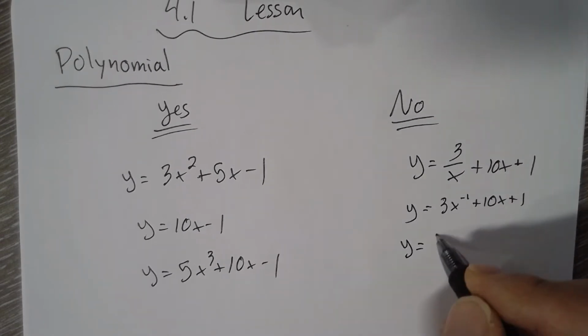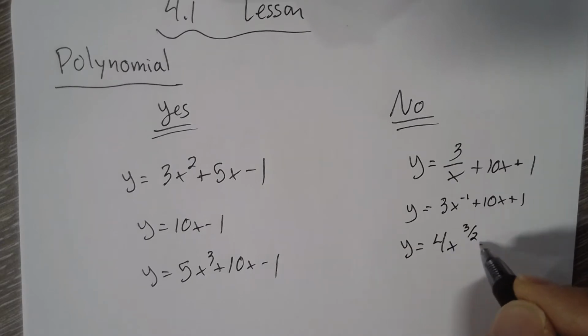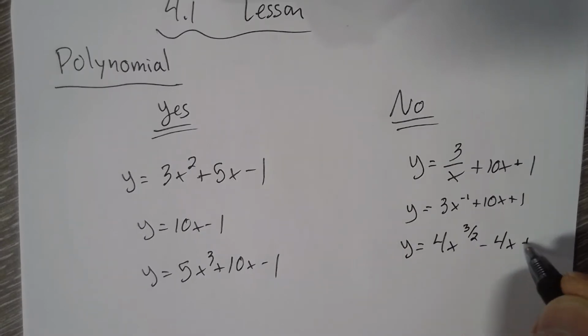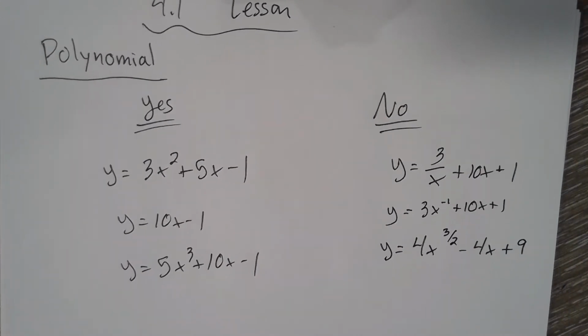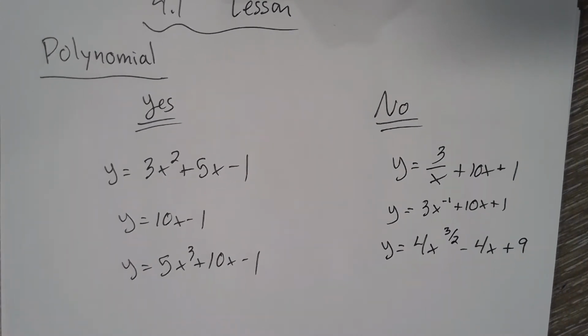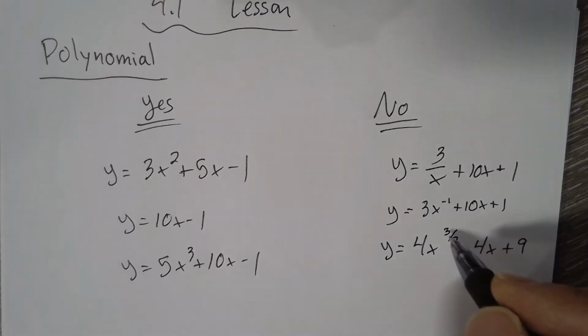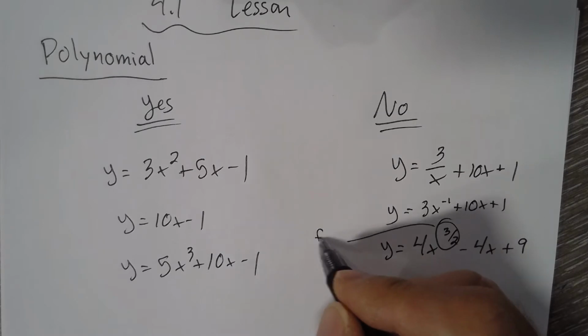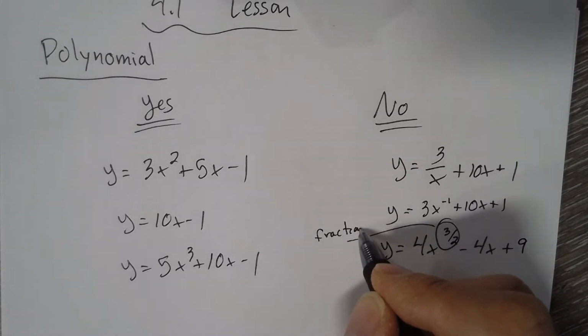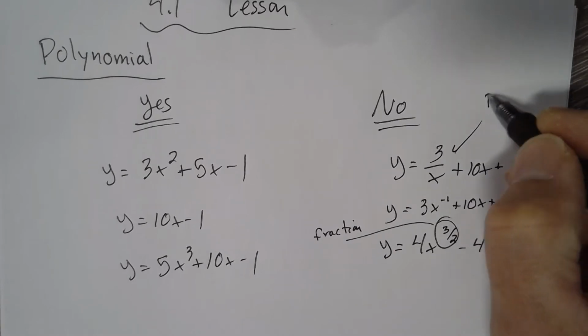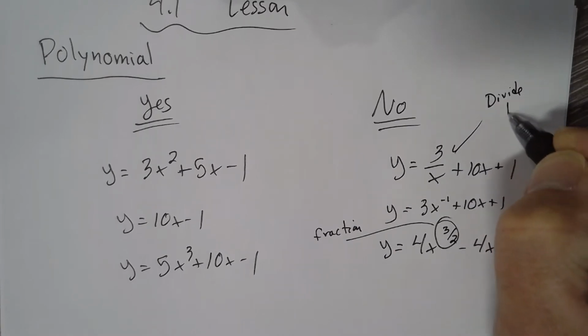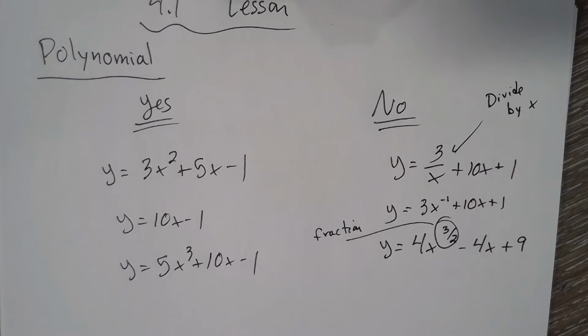How about this one? Destiny, what's different about that one, do you think? Good. Fraction as an exponent. Okay, so if we have a fraction as an exponent, it's not a polynomial. If I divide by x, it's not a polynomial.